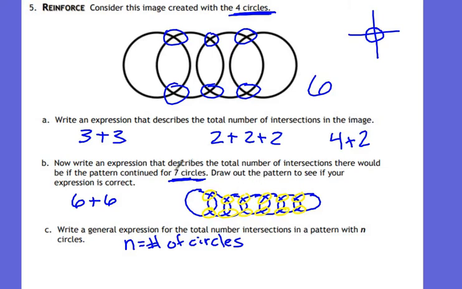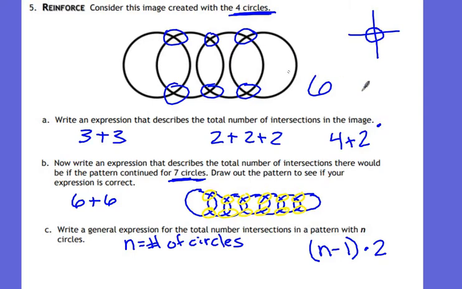So I had noticed that we were subtracting 1 from my start number, and this n is telling me my start number. So I know n is having to take away 1, and then we always have 2 sets of that number. So whatever this is, we always have 2 sets of it. So I'm going to multiply that times 2. That should work out in my favor.